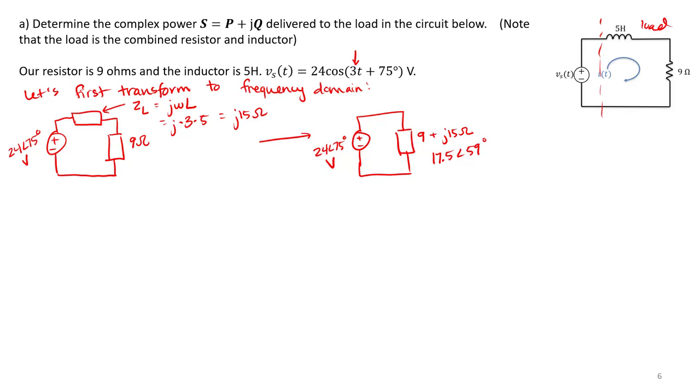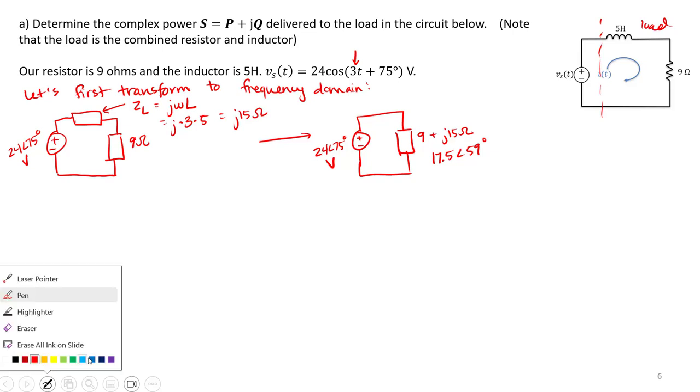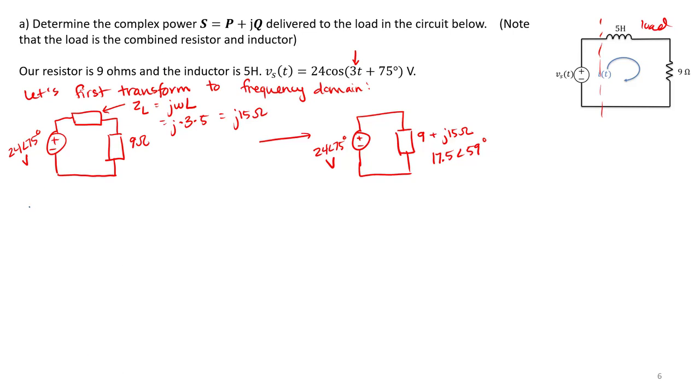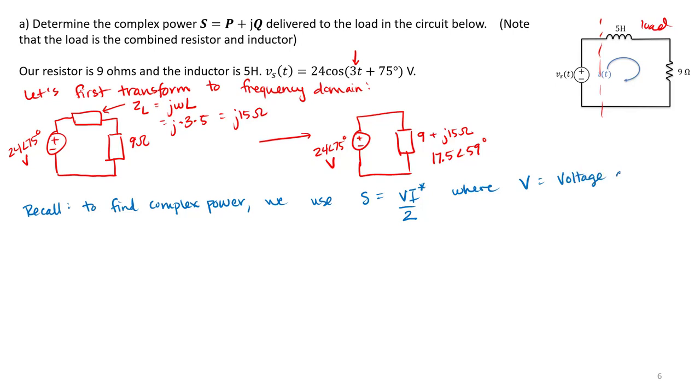All right, so now our circuit is in frequency domain, and our goal is to find complex power. Let's remind ourselves of our equation that we need for complex power. To find complex power, we use the equation S equals V I star over 2, where V is the voltage delivered to the load, or the voltage across the load.